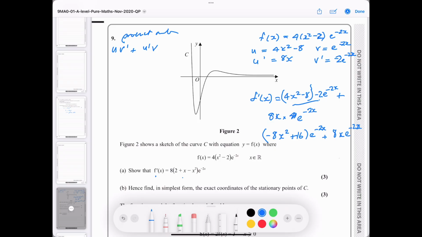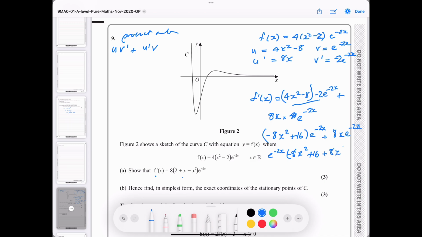So we can take e to the minus 2x out to the front. I know they've left it at the back, so e to the minus 2x, minus 8x squared plus 16 plus 8x.